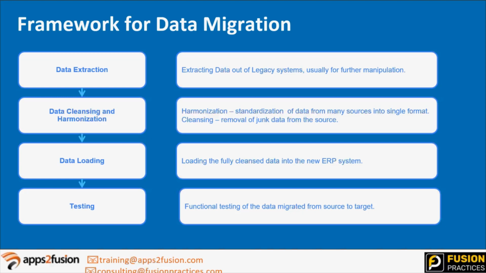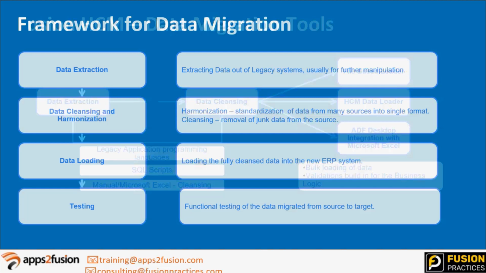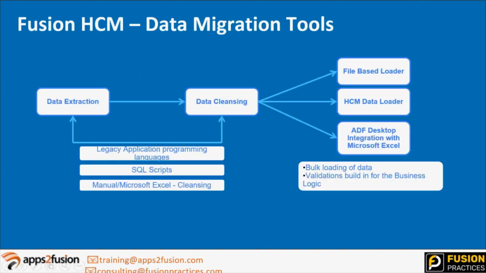These are the inbound options available within Fusion. When we extract the data from EBS or a third-party system, we do have several options to extract the data. We can use SQL scripts, Excel queries.